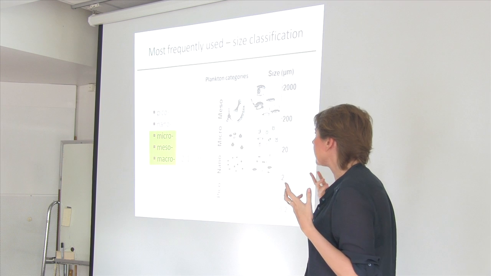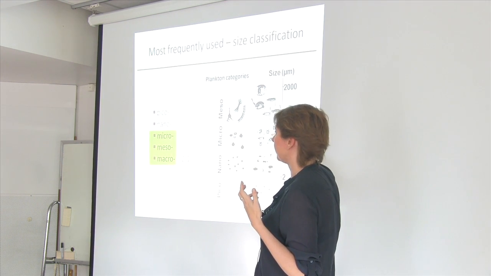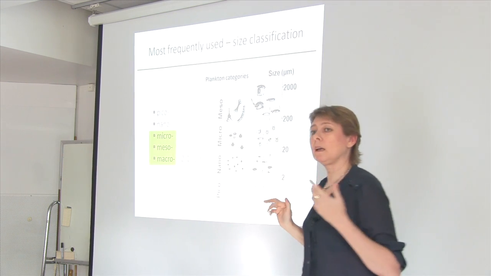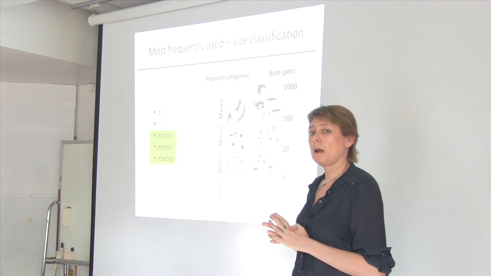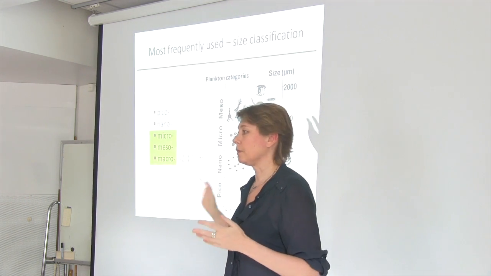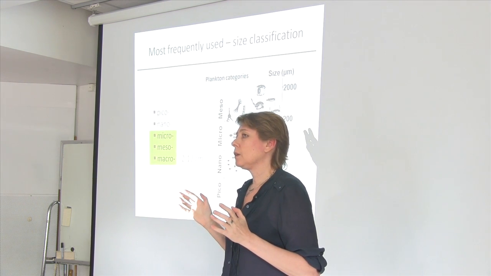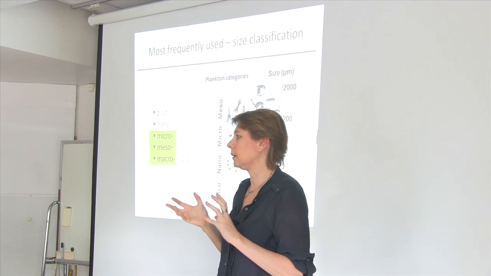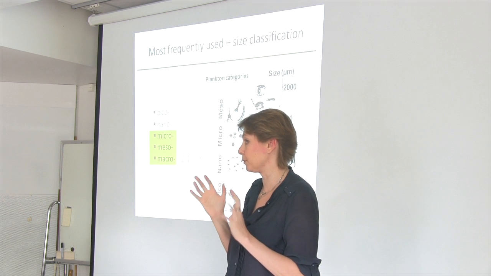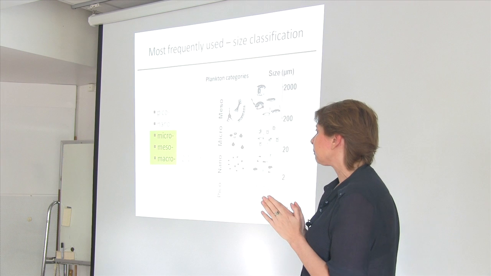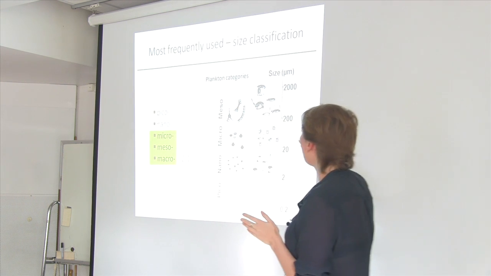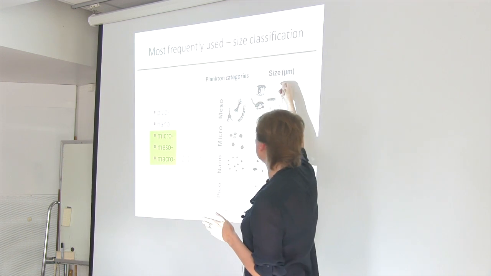So what we have essentially when sampling with a 100 micron net is micro, meso, and macro, if you're lucky, specimens. Macro are those that are like jellyfish, mysids, those that are larger than 2 centimeters. So we have a mix of different size groups in the samples that we are usually referring to as a mesozooplankton sample.